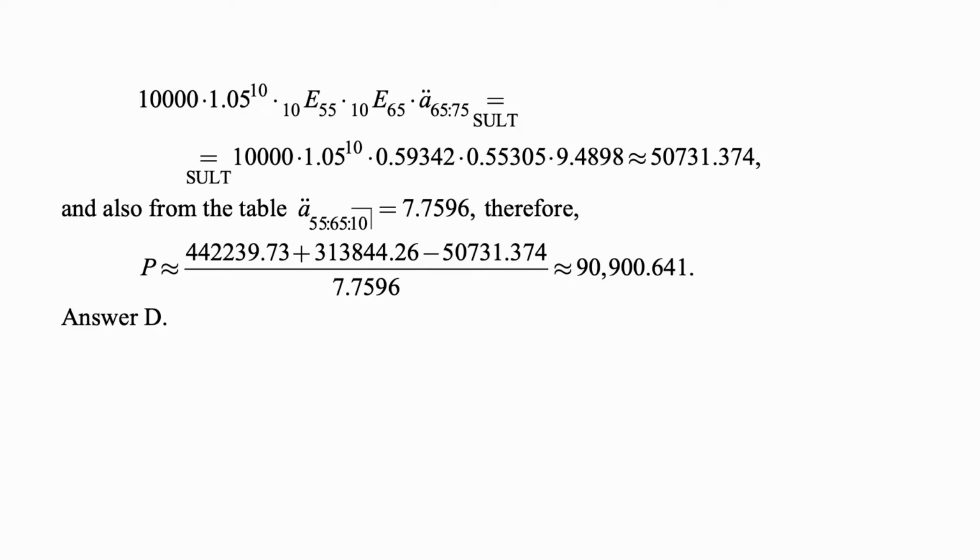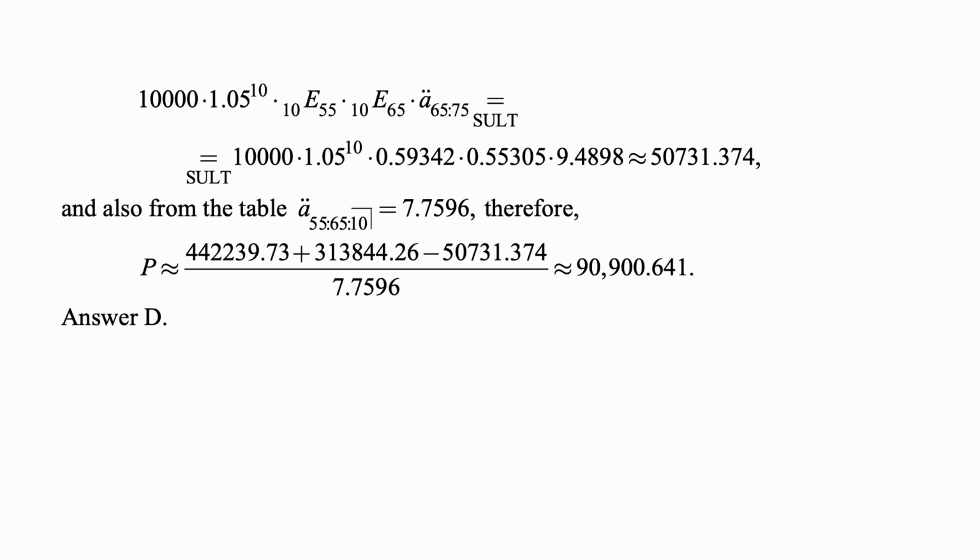So that's 10,000 times 1.05 to the 10th times 0.59342 times 0.55305 times 9.4898. And this comes out to be about 50,731.374. And also from the table, a double dot A:55:65 angle 10 is exactly given in the table as 7.7596.